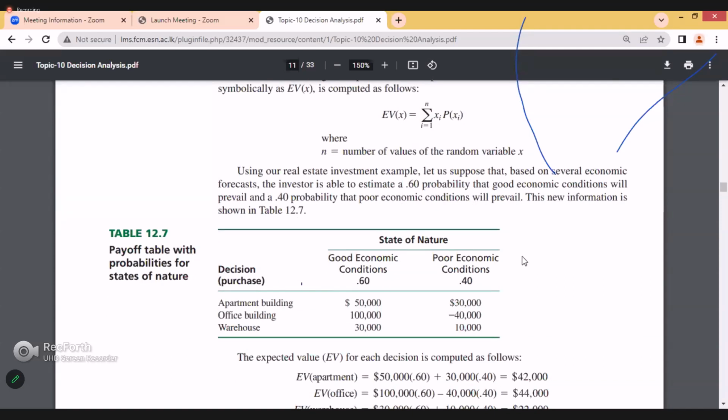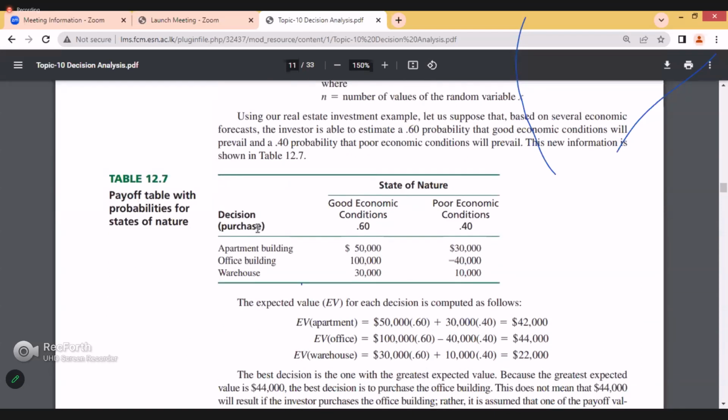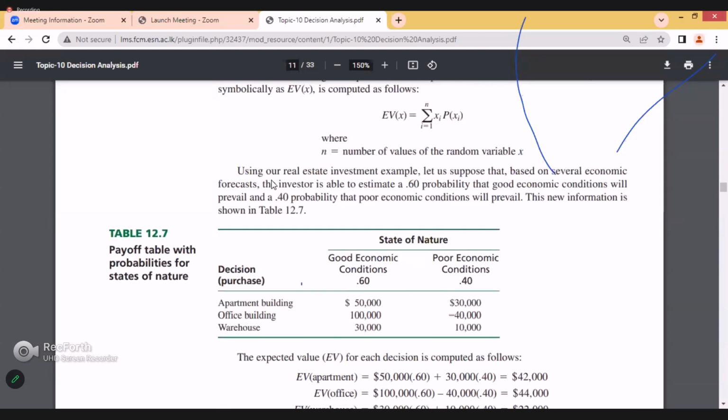So with the same example, three decision situations and two states of nature, we can calculate the expected value. The probabilities are given. You see in this example, the real estate investment, based on several economic forecasts, the investor is able to estimate a 60% probability for good economic conditions and a 40% probability for poor economic conditions.